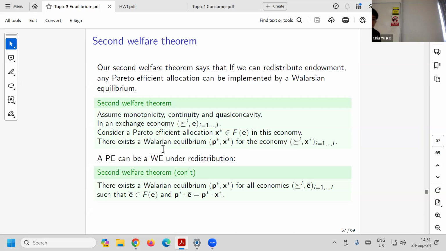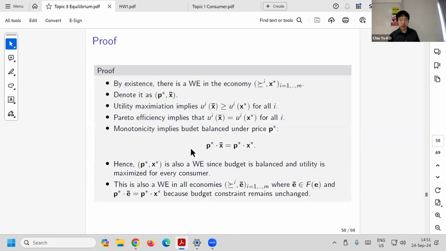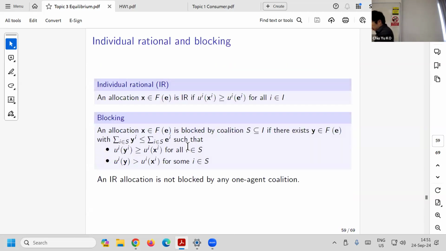So that is the proof here. I don't want to go into detail because I want to draw your attention to this kind of property game solution, which I think is more important when you learn contract theory, when you learn system design. This is something that is used more often. Okay?